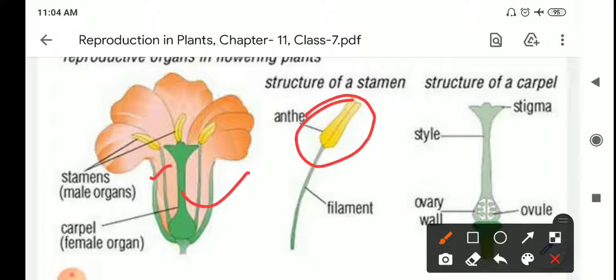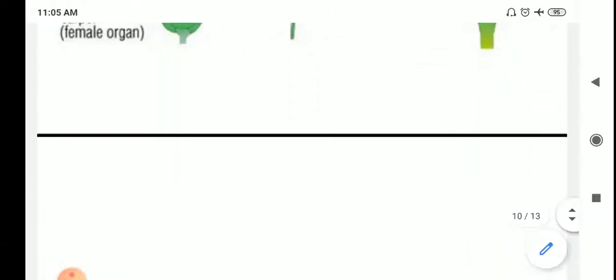When pollen grains reach from the anther to the stigma, and then from the stigma to the ovary to meet the ovule, the process when the pollen grains land on the stigma is called pollination.